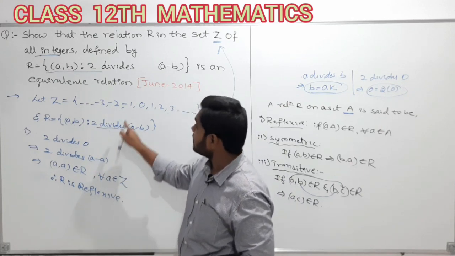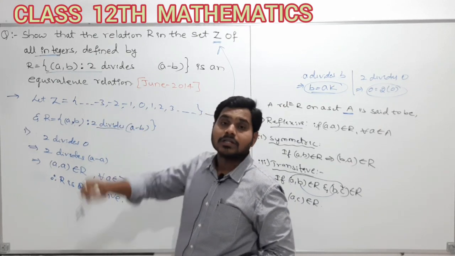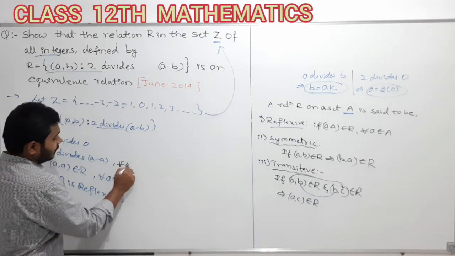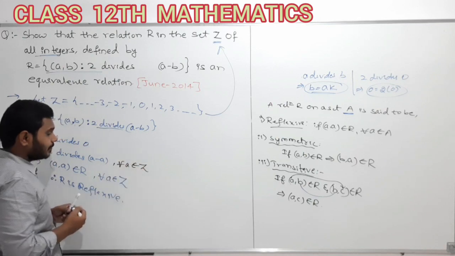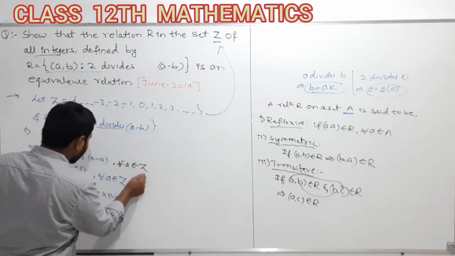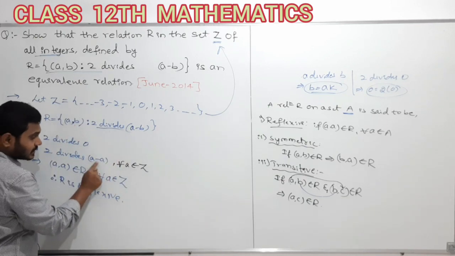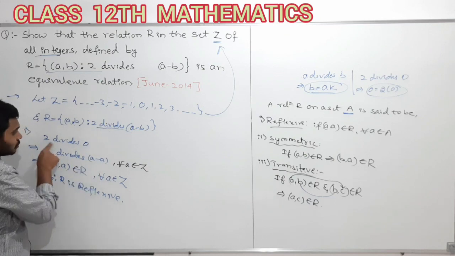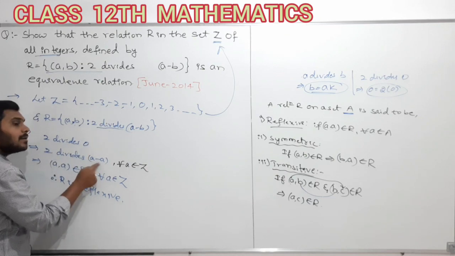A is any integer, because you are defining the relation on Z. So for every A belongs to Z, if you take any integer and subtract the same number, the answer is 0. It means 2 divides 0, 2 divides A minus A.